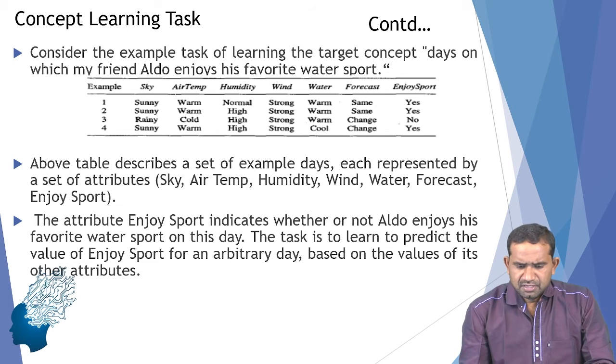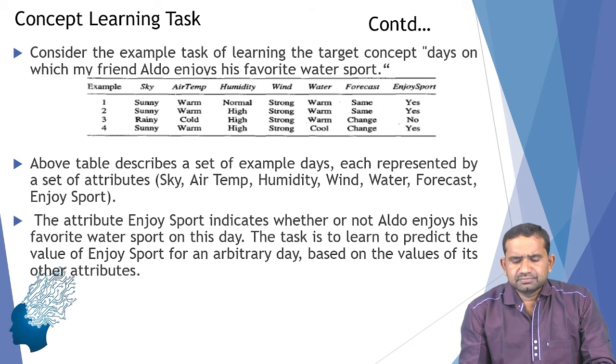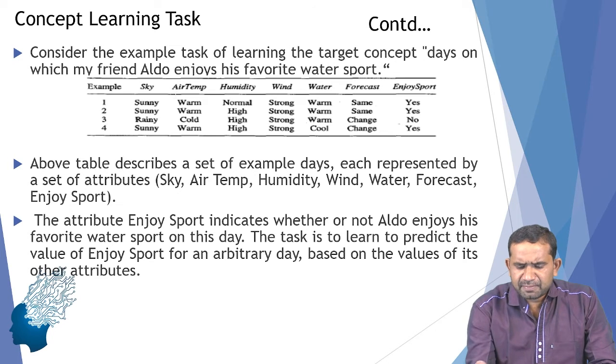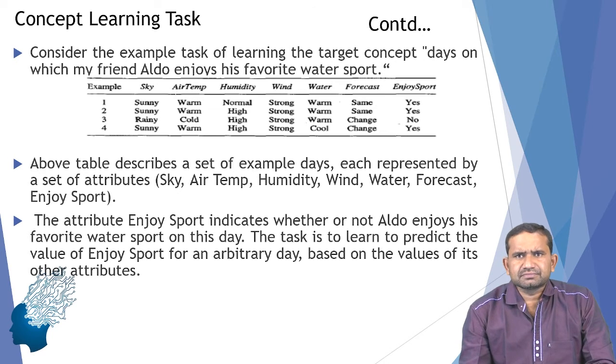The first one is sky. On the first day the sky's condition is sunny, the air temperature is warm, and the humidity is normal. Wind is strong and water is warm. And the forecast is same. So there is no abnormal condition on the first day.